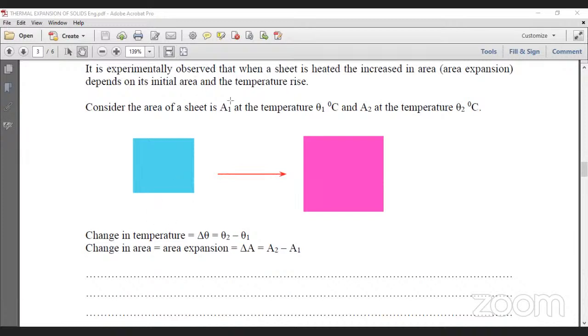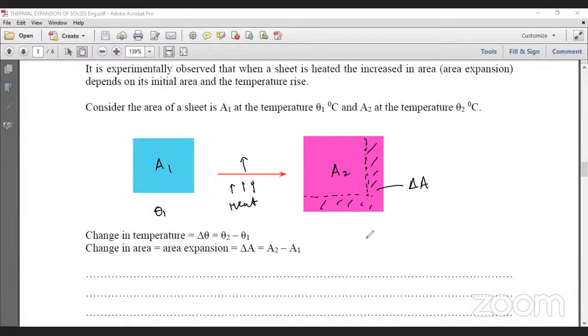So here the temperature is theta 1 and the area is, let's say, A1. Temperature increases, this is heating. By heating, its area becomes, let's say, A2. Its area will increase. This is the initial area, and this much area increased. That is the increased area, or change in area.